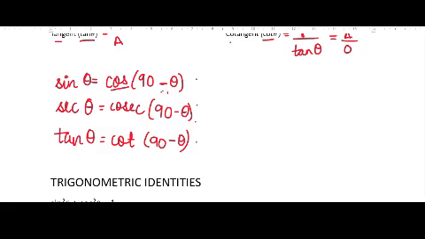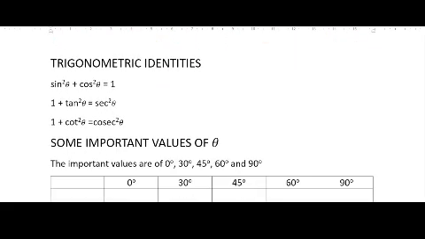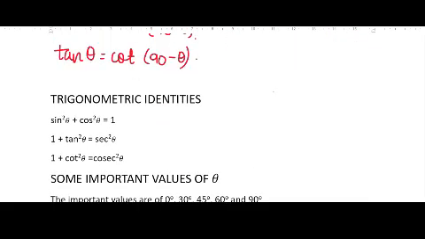Okay, now once we are done with this, let us move on to trigonometric identities. What are trigonometric identities? They are these three basic equations which help you simplify the terms that you have in an equation. Again, they are very useful when you have to prove that or show that questions. So you need to remember these three. If you have sine square theta plus cos square theta, you can write it as 1.